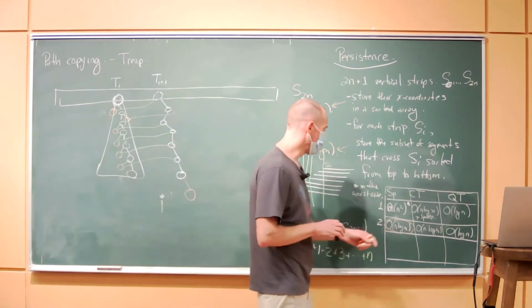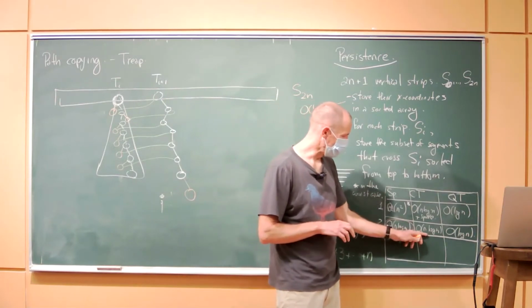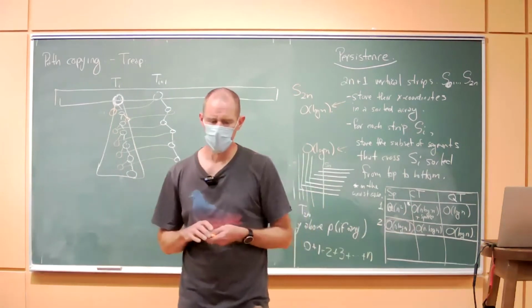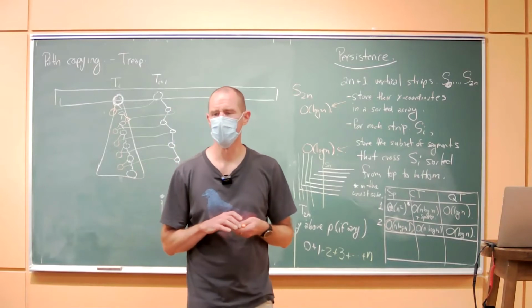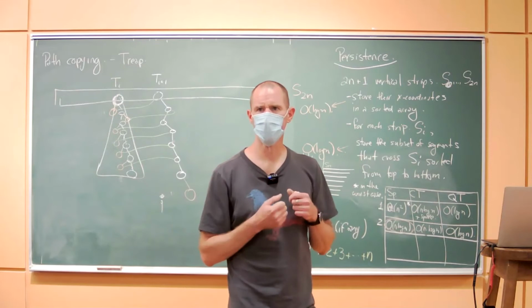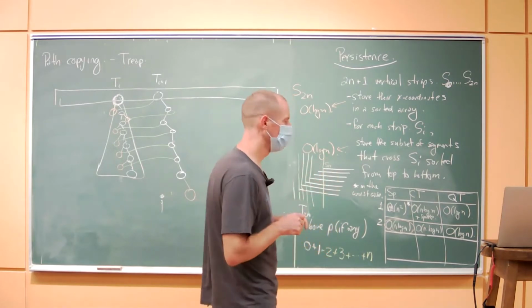The construction time, I can't really do much better than that, unless I want to assume something about the endpoints of my line segments, about them being maybe small integers, having small integer x coordinates or something that I could sort faster than general things.